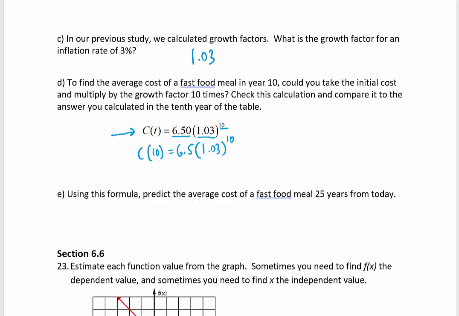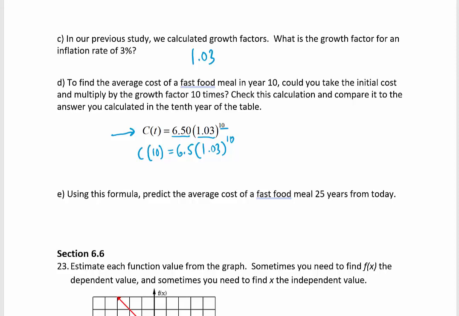Let's see. So I would take my calculator. If I'm using my phone, turn it sideways because I've got to get an exponent again. So I take 1.03, raise it to the 10th power. In my case, it's the x to the y button. Your case might be the hat. Hit the equal sign. Leave that big giant decimal number in there. Don't round it. It's not that giant of a number, but it carries on forever.